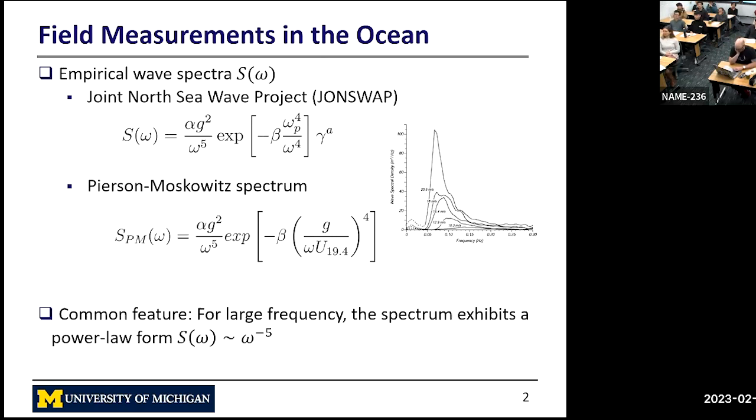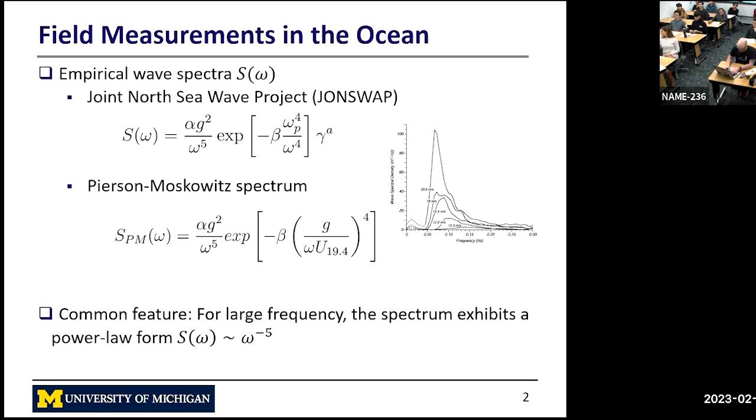So what remains as the spectral form is basically this omega to the 5 in the denominator. That means for the large frequency range, the spectrum exhibits a power-law form, S of omega proportional to omega to the minus 5. That is very common for most of these data-fitted spectra from the ocean.